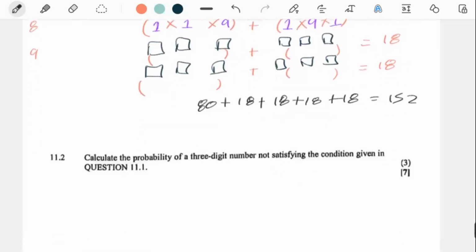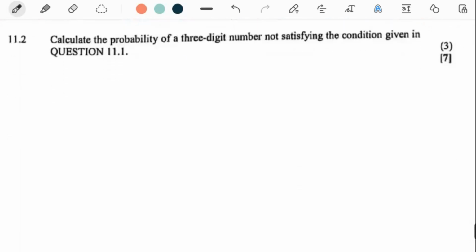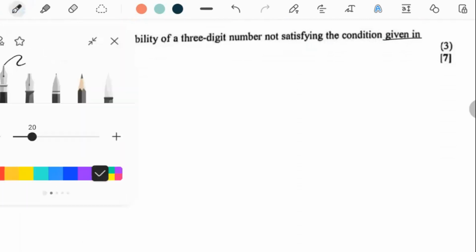So moving on to 11.2, it says, calculate the probability of a 3-digit number not satisfying the condition given in question 11.1. So this is quite straightforward.